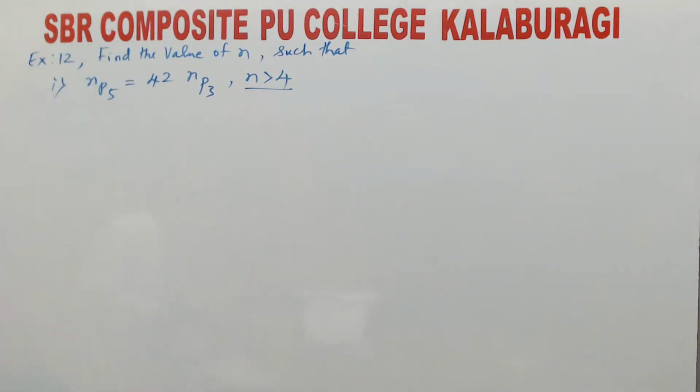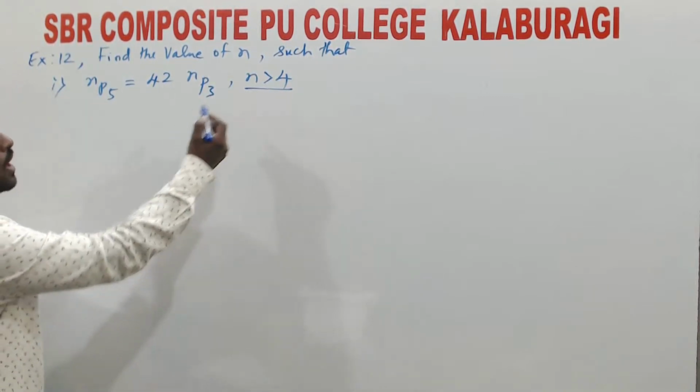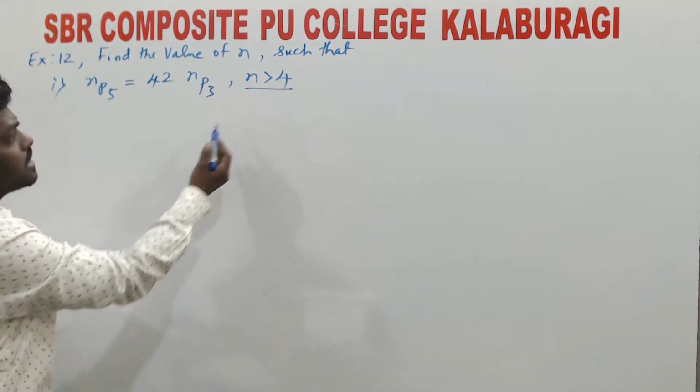So the first bit in the 12th example is nP5 is equal to 42 into nP3, n greater than 4. Why they have given n greater than 4, we shall understand. First, what happens if we take n less than 4? Let's see.